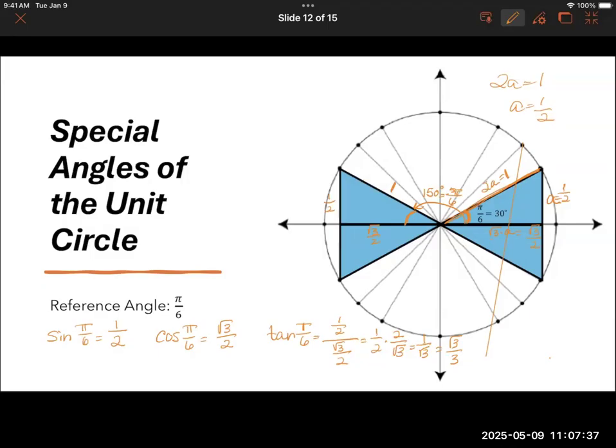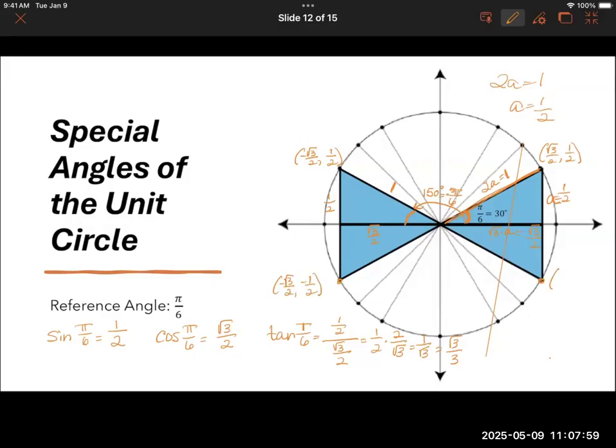It's just a matter of this now becomes negative root 3 over 2, and this is a positive 1/2. This was positive root 3 over 2, positive 1/2. Down here, our point would be a negative root 3 over 2 and a negative 1/2.